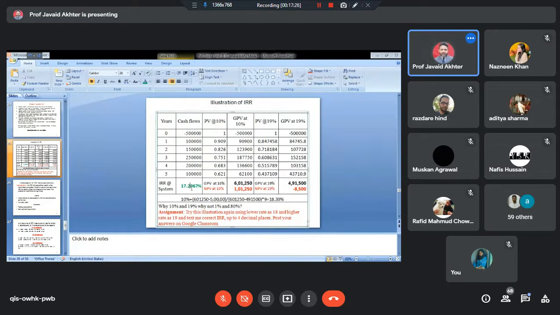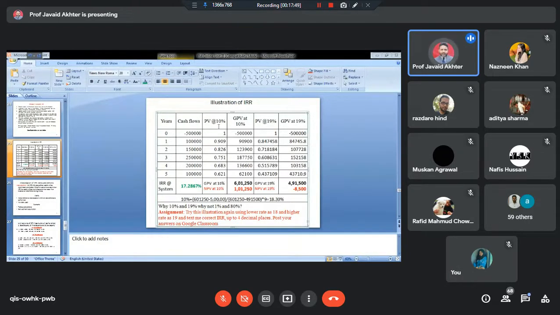Any guesses? If you apply your mind a little bit on mathematics and on approximation, you will be able to get its answer. Let me explain. What is the variation between these two percentages? 10 and 19.